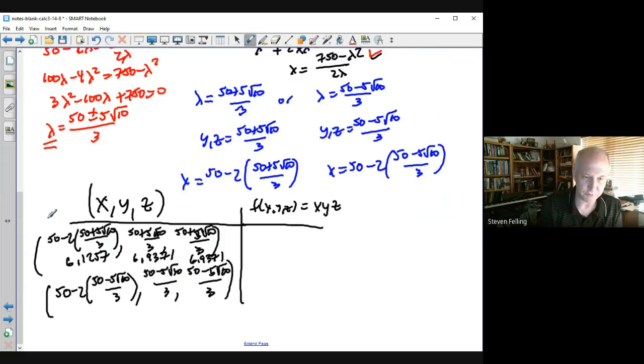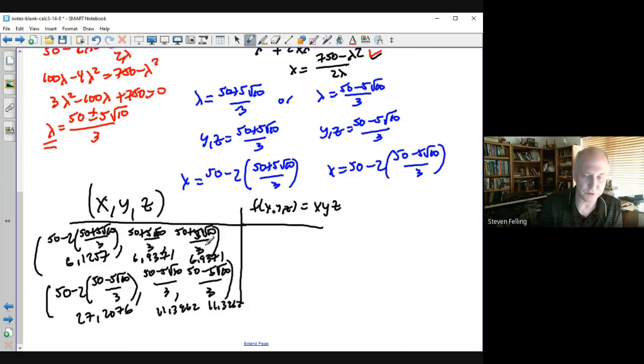Yeah, sure enough, 50 minus this number would be 27.2076, and then 5 times the square root of 10, 50 minus that number divided by 3 is 11.3962, and this would also be that.